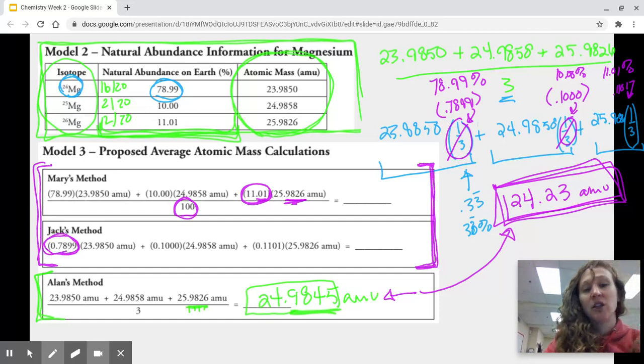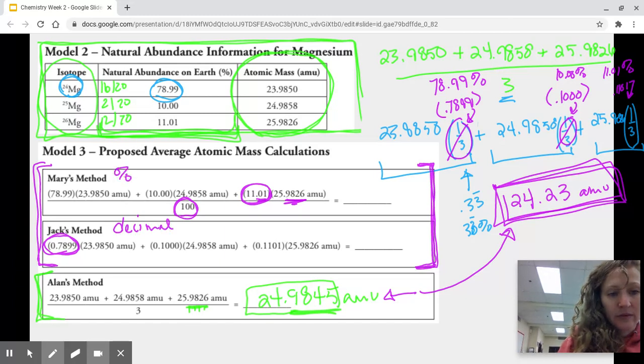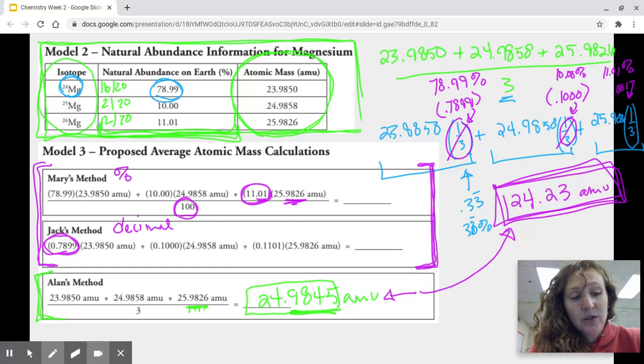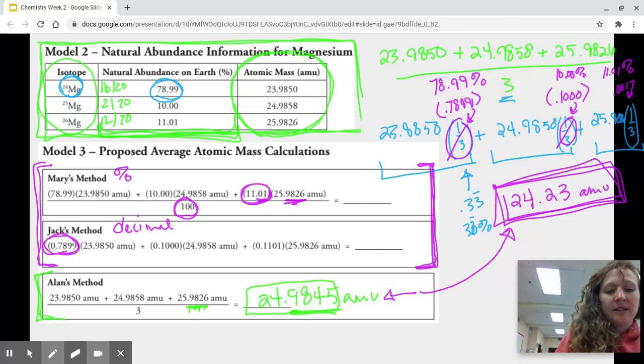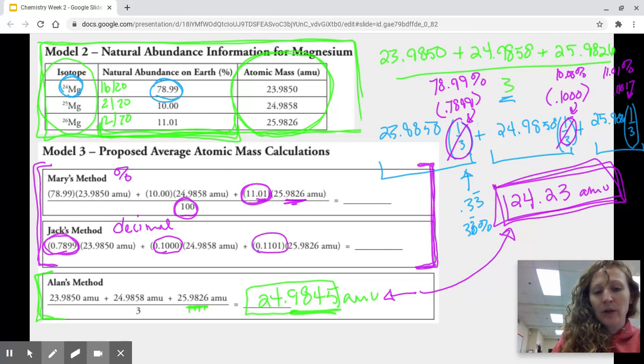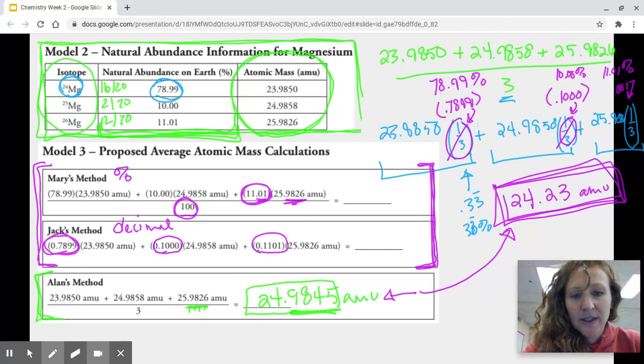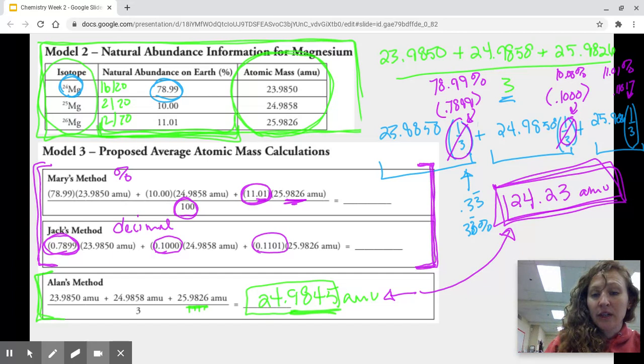Jack's method uses the decimal form. Notice he doesn't use 78.99%. He uses 0.7899. He's using the decimal form: 0.1000, 0.1101.